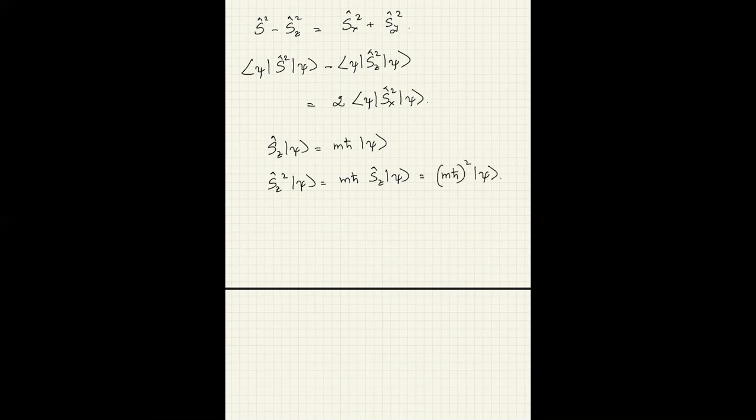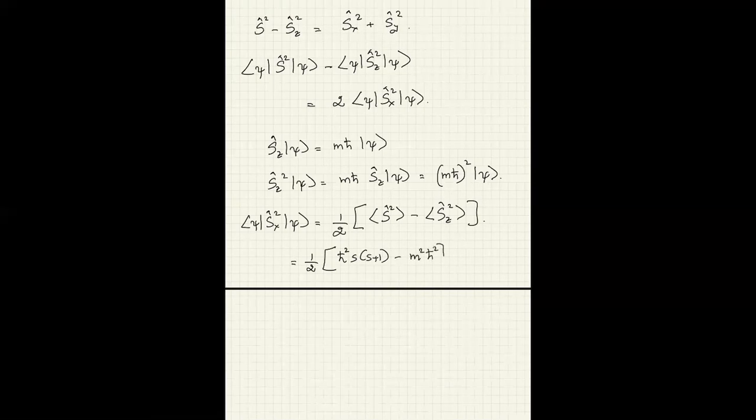That's all. So the left-hand side of this equation, <psi|Sx^2|psi>, is 1/2 of the expectation value of S^2 minus the expectation value of Sz^2. This is a shorthand notation for expectation values. So this would be given by 1/2 times h bar squared s(s+1) minus m squared h bar squared.